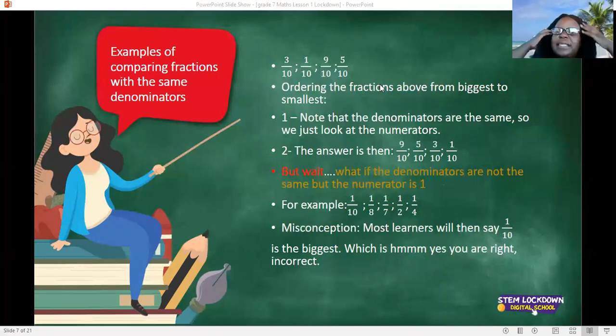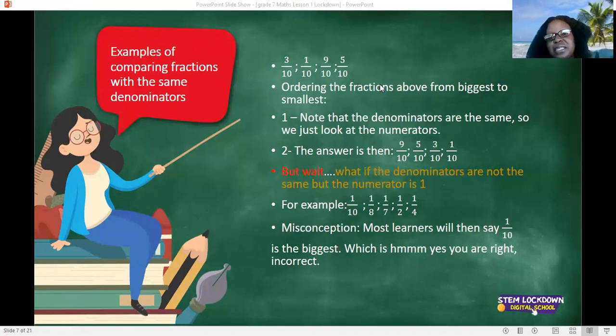But wait, what if the denominators are not the same, but the numerator is 1? So this is now another type of fraction question. Remember, when you're writing an assessment, you can be given just fractions with the same denominator, or they can put a twist on it and give you different denominators with the numerators being 1.